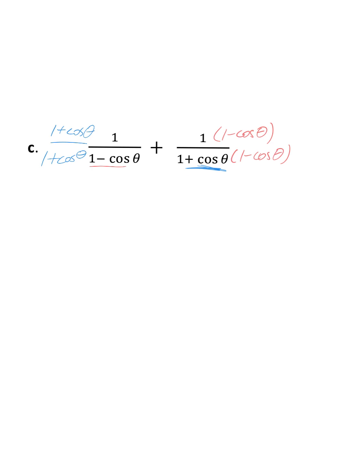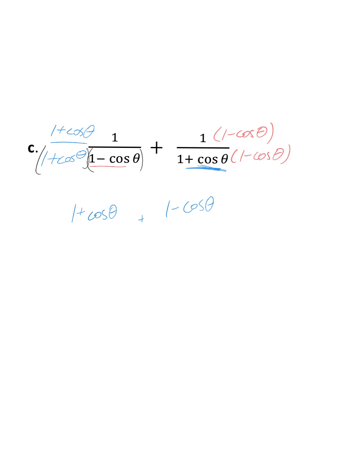Okay, so the top of these is hopefully pretty straightforward. We just get 1 plus cosine theta plus 1 minus cosine theta. Okay, now what about the bottom of this fraction? What's happening here? Okay, so these are going to actually get distributed to one another.